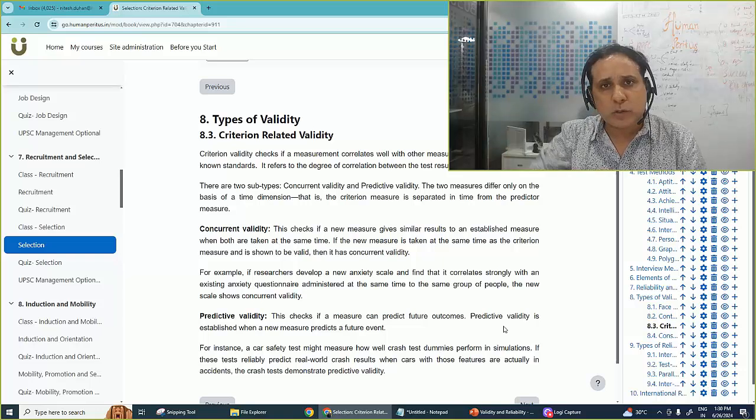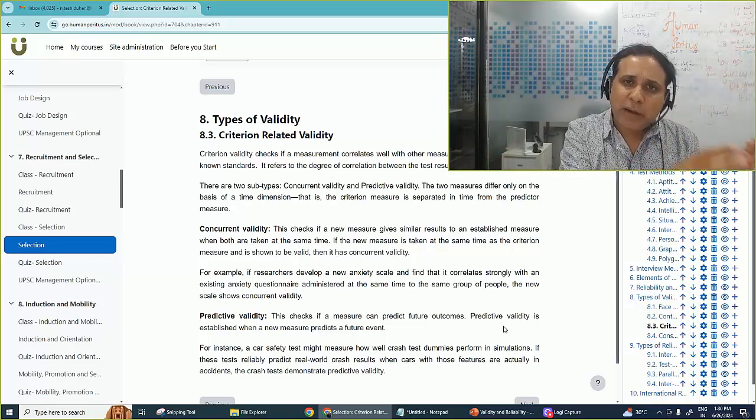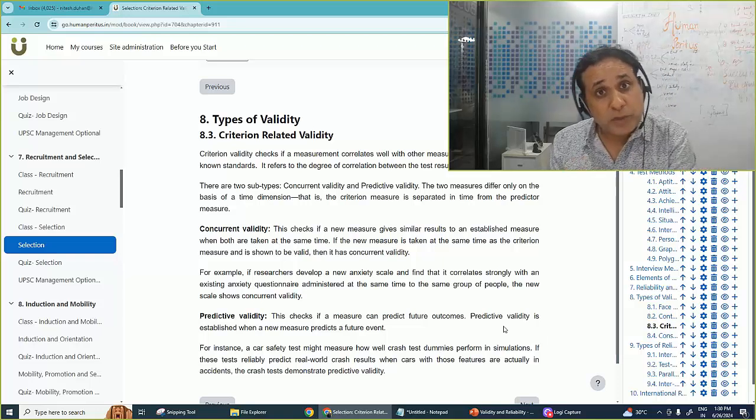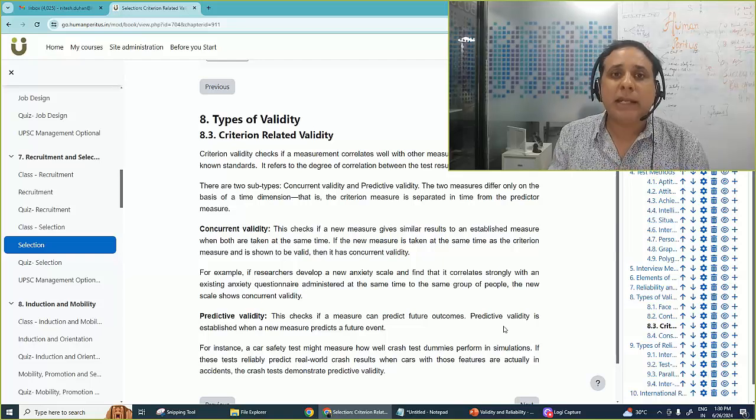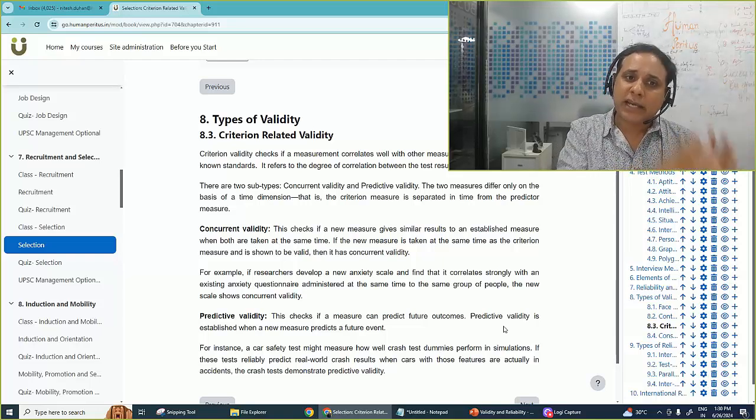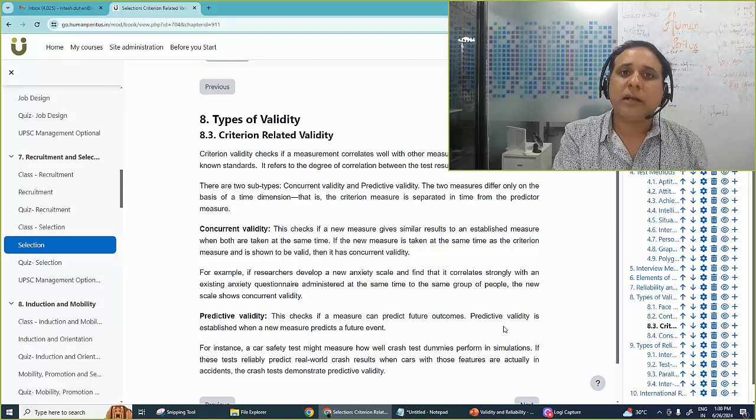I capture their scores. If scores of my mock test have strong correlation with the actual previous year IIT JEE paper, then yes, my mock test has got good concurrent validity.